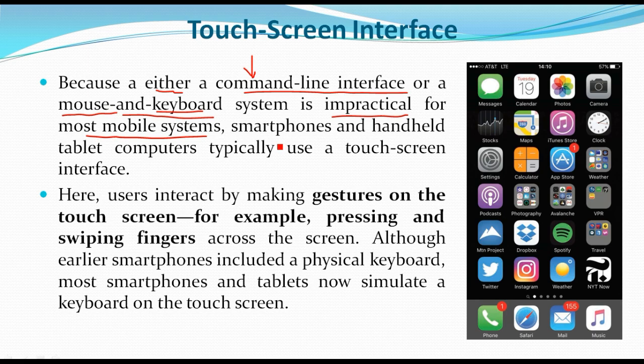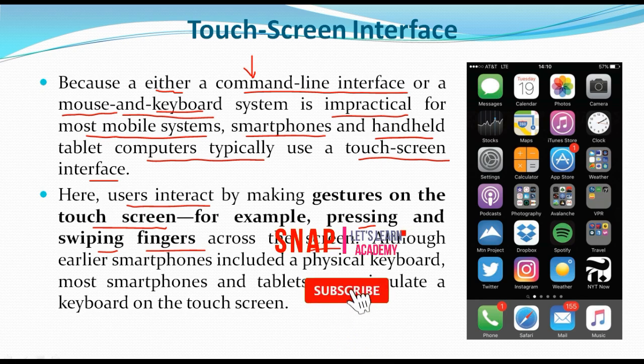All smartphones, handhelds, and tablet computers typically use the touchscreen interface. Here the user interacts by making gestures on the touchscreen, for example pressing and swiping the fingers across the screen. Pressing means if you want to open an icon, you simply press on that icon and it opens. If you want to swipe across the screen, you can use your finger to swipe.